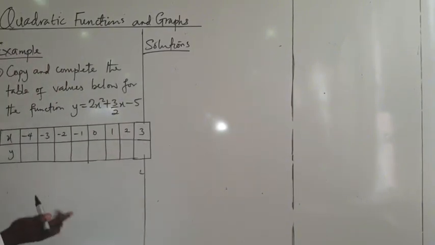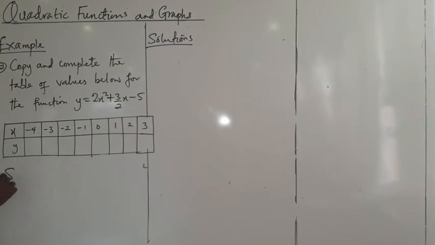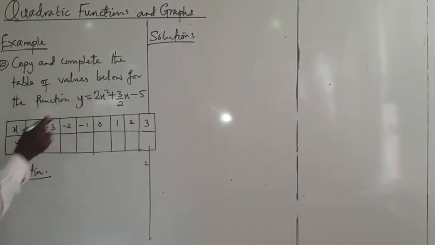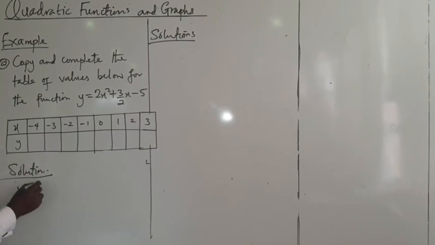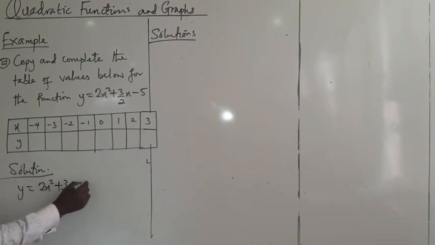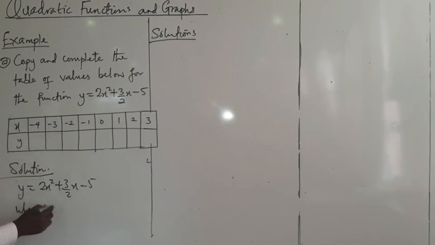We have two methods. So first of all, let me start from here. So solution. You have the function y equals 2x squared plus 3 over 2 x minus 5. So when the first x is minus 4, what would be the value of y?